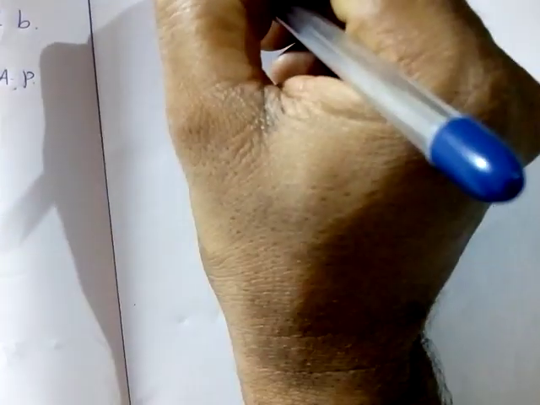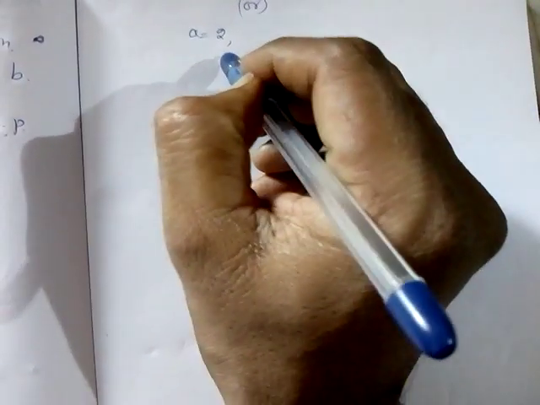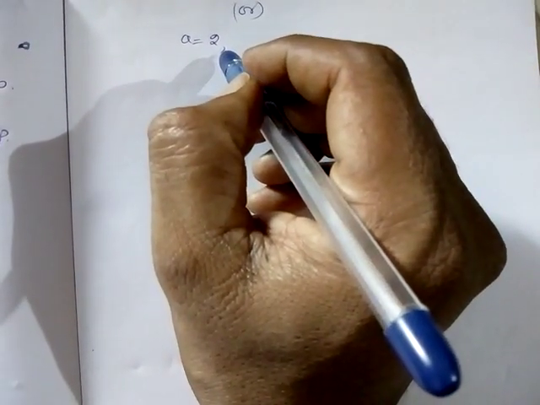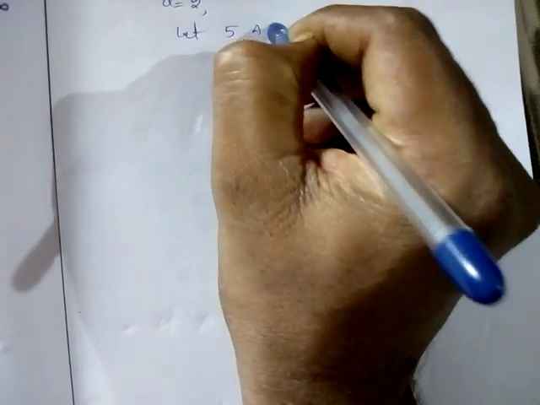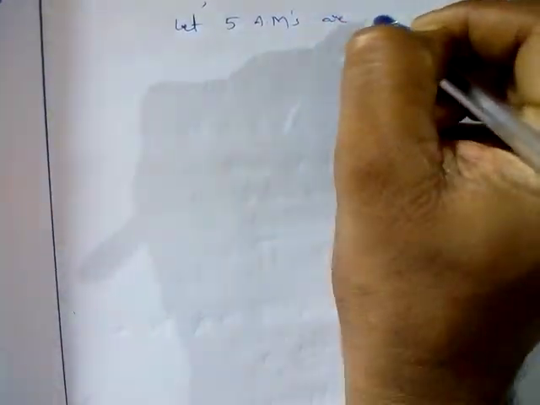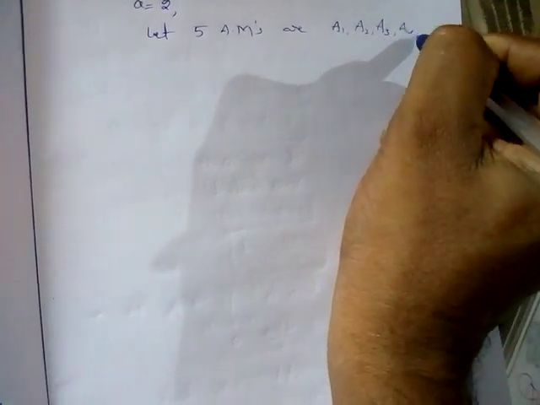Same problem, you do by another method. So here the first term a is equal to 2, and the last term is 14. Let the 5 arithmetic means be a1, a2, a3, a4, a5.